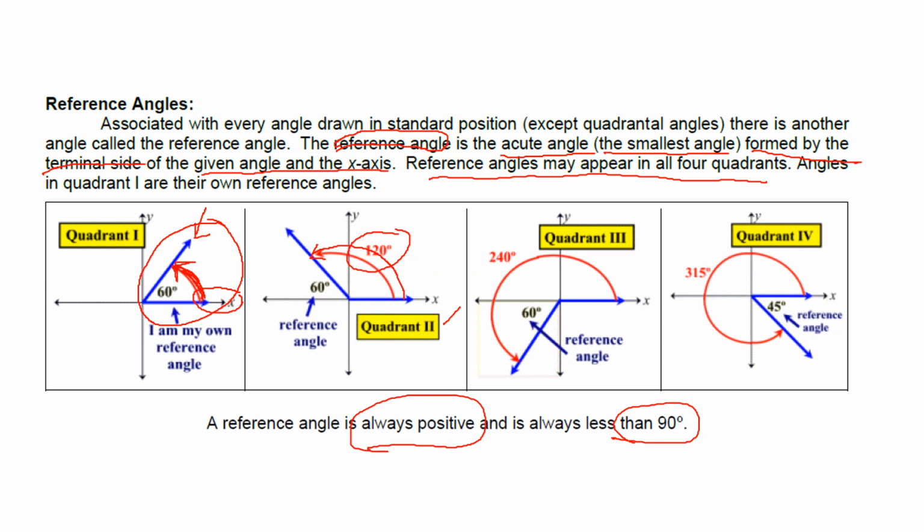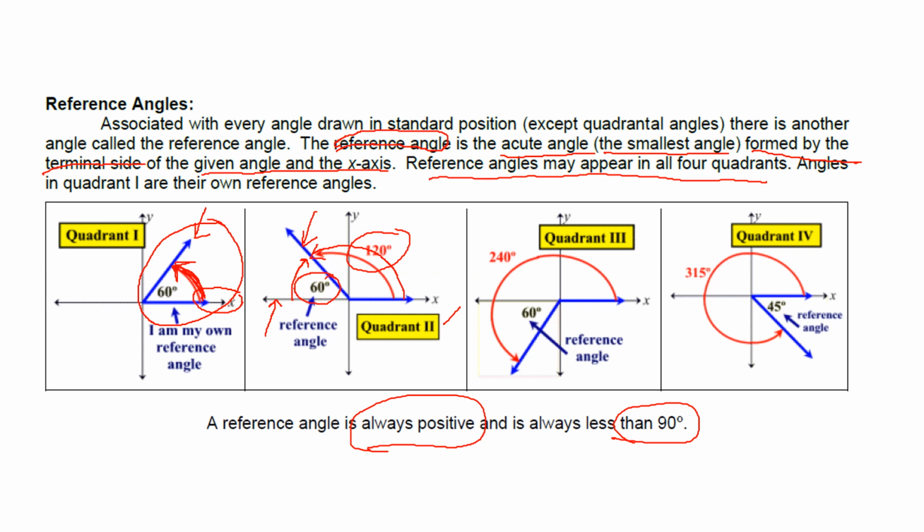You look for the x-axis, and you look for the terminal side. This one is the terminal side. Then from the initial side, or x-axis, you go to the terminal side. The measurement of this is 60 degrees. So that is the reference angle.